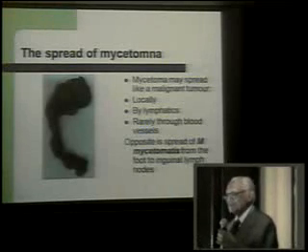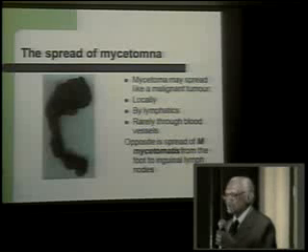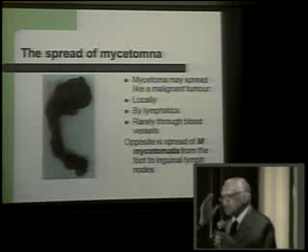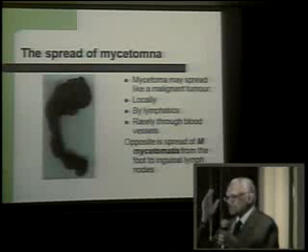Professor Mahjoub and myself have previously published on the spread of mycetoma, and we found that actinomycetoma is more likely to spread through these various channels than Mycetomatis. And the very interesting thing is, you sometimes get, as has been mentioned this morning, mycetoma in places like the brain or the spinal cord, and there is no overlying sinus or evidence of penetration.